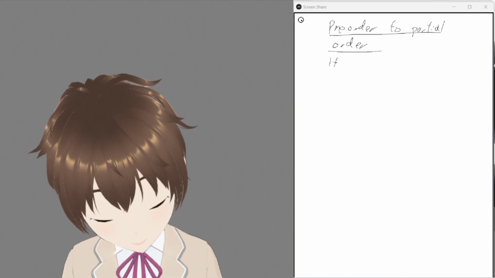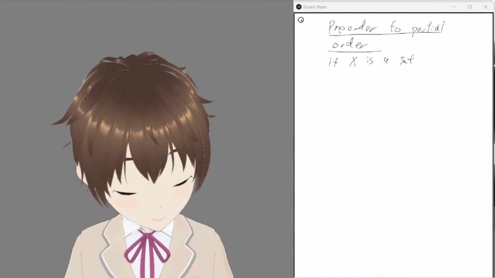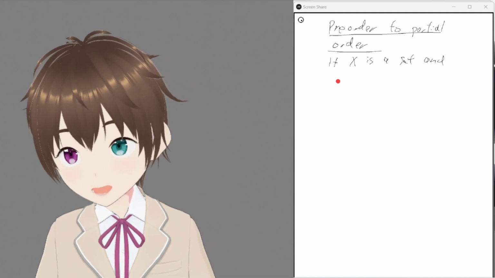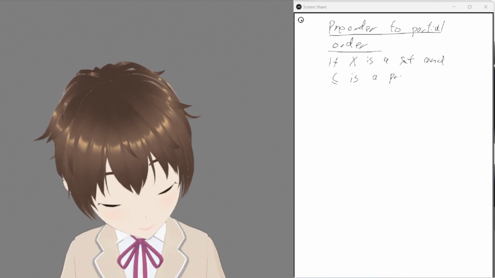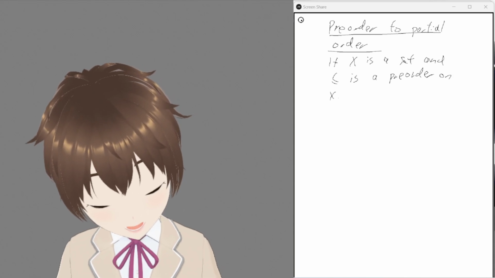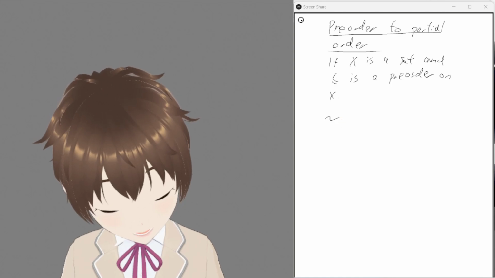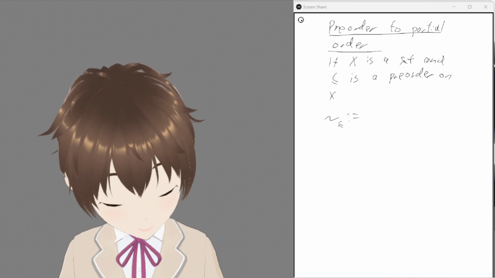So if X is a set, and I have a preorder on X, and less than or equal to is a preorder on X, then I can define this thing, sim less than or equal to, an equivalence relation defined using this preorder.